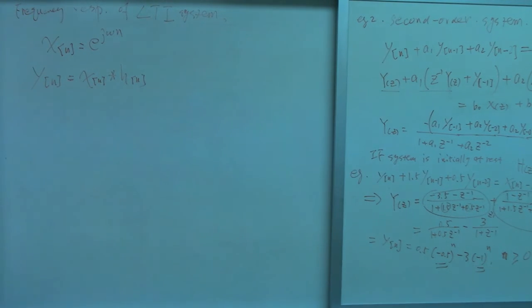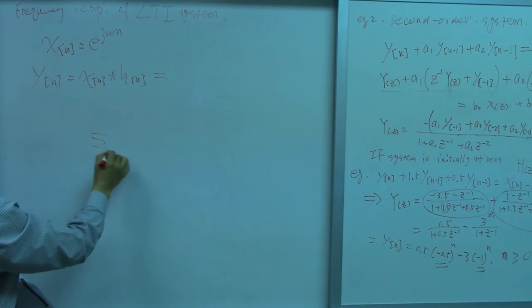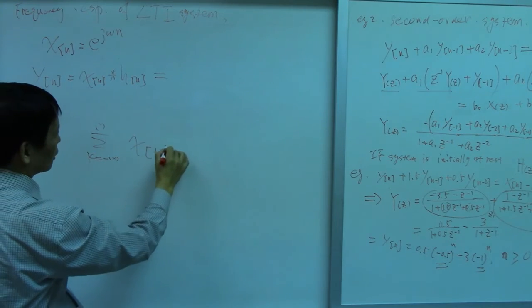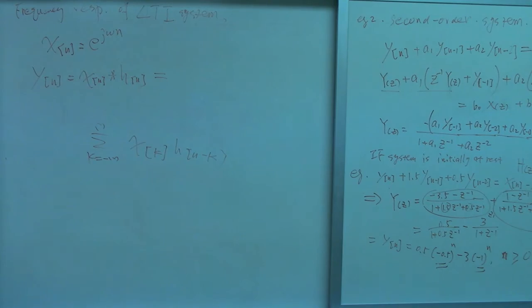Now we know how to do this convolution, so I won't bother you with how to do it. I'll just give you the result. This is the input here. Remember, it's the sum over k from negative infinity to positive infinity of x[k] times h[n minus k], like this. Once you flip, then shift, then multiply, then add.